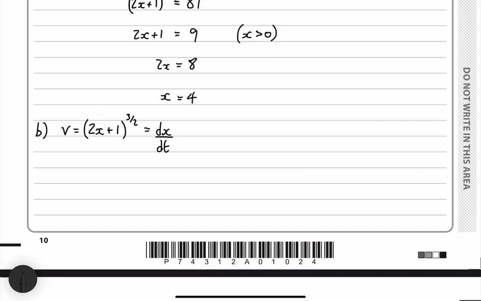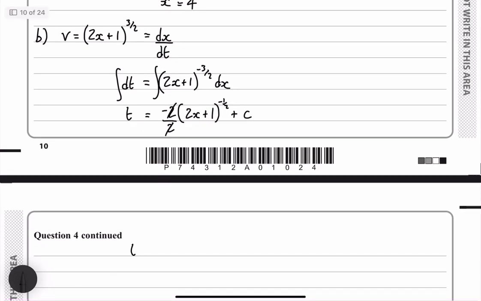So separating my variables gives dt equals (2x plus 1) to the minus 3 over 2 dx. So we get t is equal to minus (2x plus 1) to the minus a half divided by the derivative of that, which is 2, plus c.